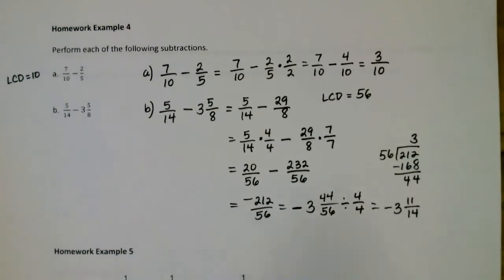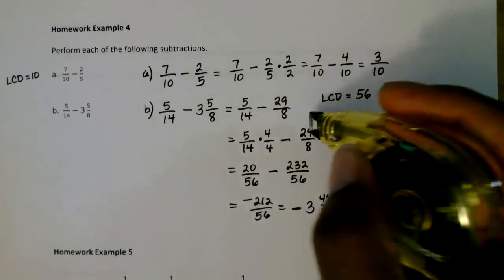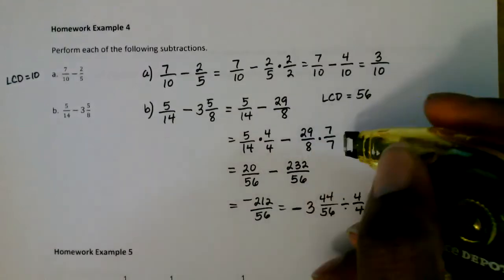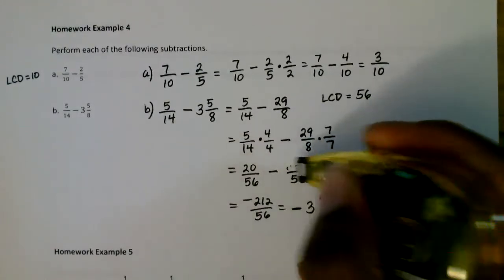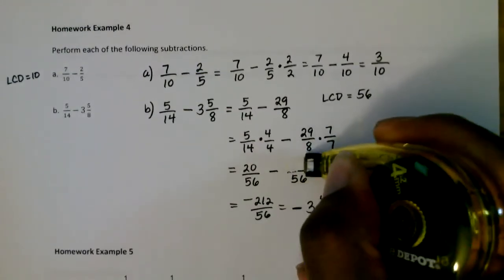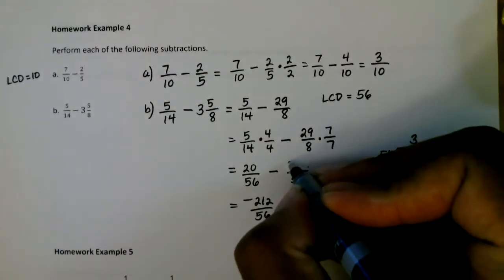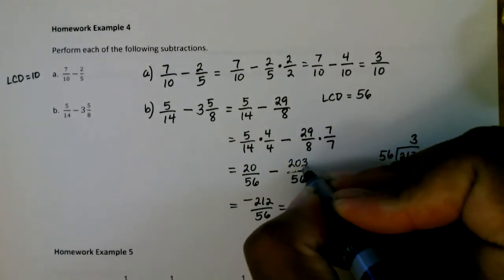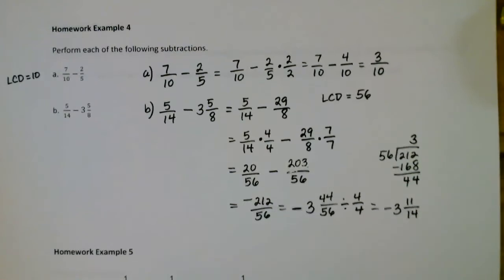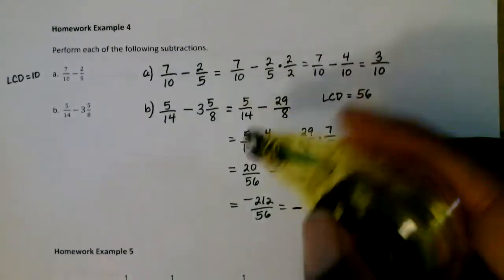Okay, I need to make a correction right here. When I did 29 times 7, that should not be 232. That should be 203. So let me correct that. That will pretty much change everything else in this problem. So when I do 20 minus 203, that would be negative 183.